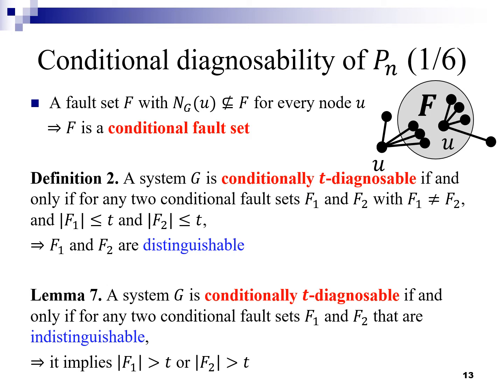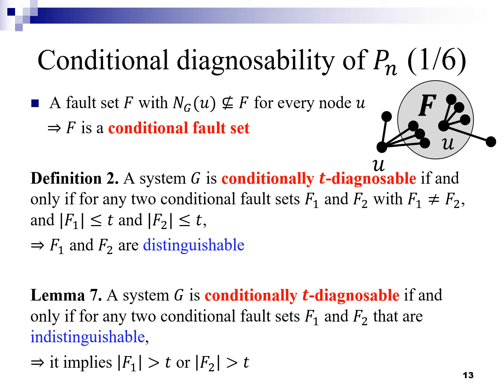Definition 2 describes that a system G is called conditionally t-diagnosable if and only if, for any two conditional fault sets F1 and F2, where F1 and F2 are not equal, and the size of F1 is at most t and the size of F2 is at most t, then F1 and F2 are distinguishable.